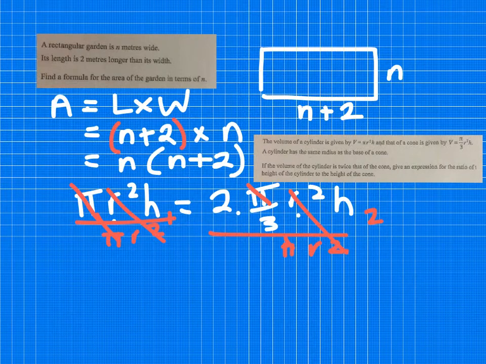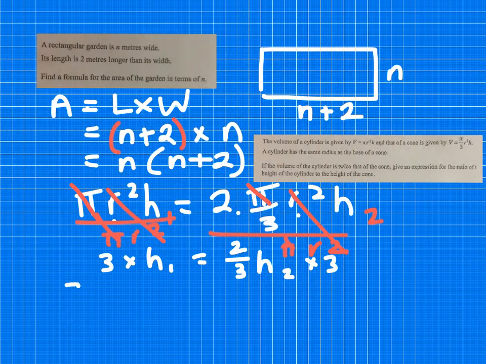That now leaves us with h1, the height of the cylinder, is equal to 2/3 of h2, the height of the cone. To find the ratio, we could multiply both sides by 3 and bring this 3 over.